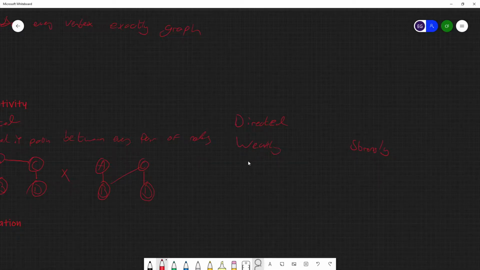If there is a path between every unordered pairing, it is weakly connected. If it is every ordered pairing, it is strongly connected.